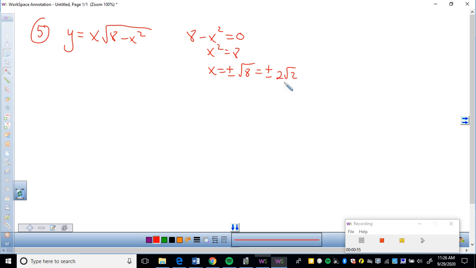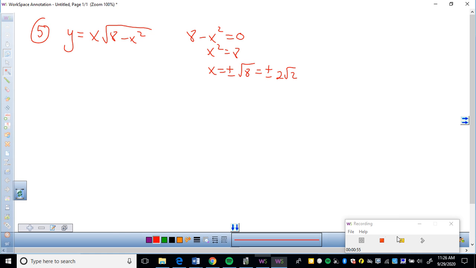So that means that if we are bigger than 2 root 2 or smaller than negative 2 root 2, we're going to get a negative value under here, which would make the value not in the domain. So I need to apply the first derivative test now.